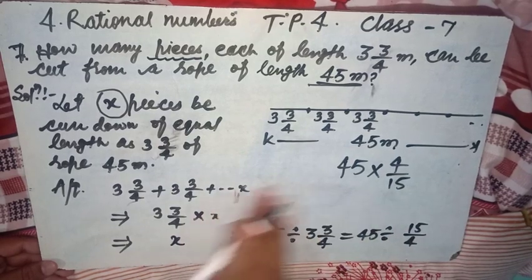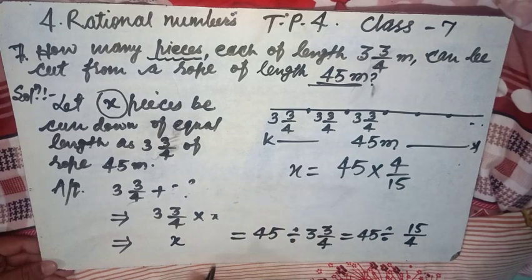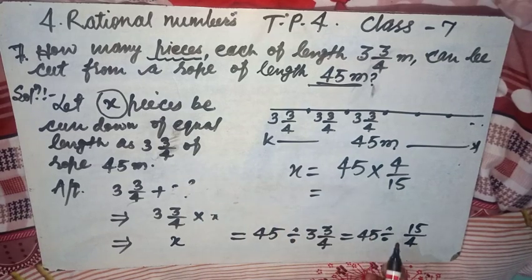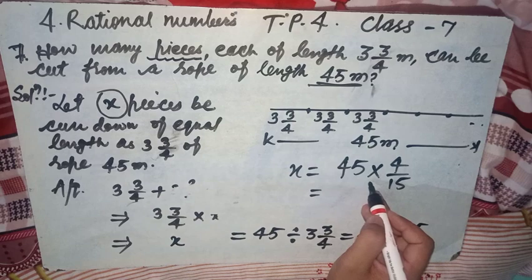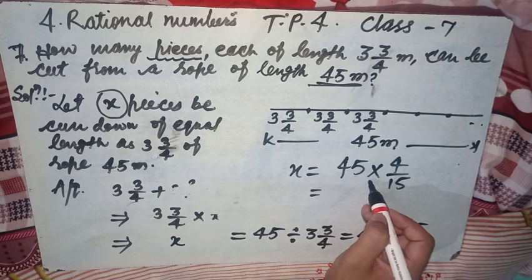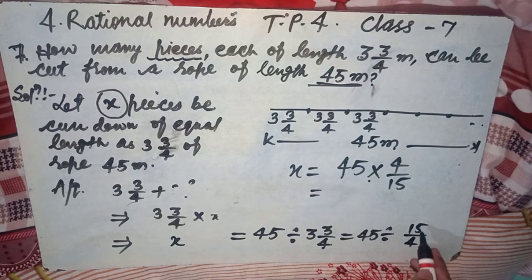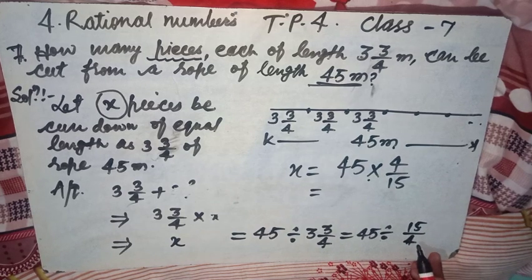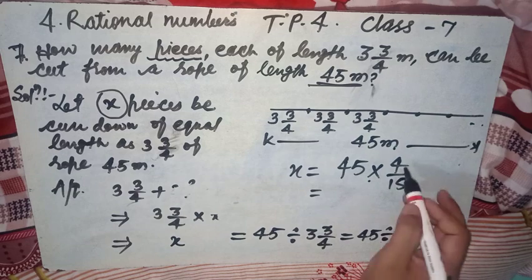Here is x. Because if we change this operation to multiplication, then numerator goes to denominator and denominator goes to numerator. That means the reciprocal of 15 by 4 is 4 by 15.